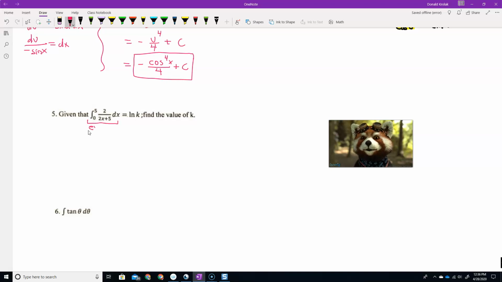We'll evaluate this first, and then whatever we get for that integral, we're going to make it equal to the natural log of k. So whatever we get for that value is going to end up going right here, and then we can figure out what k is.